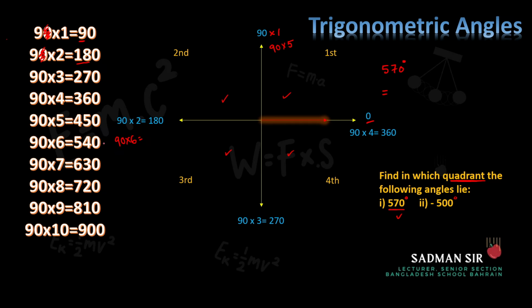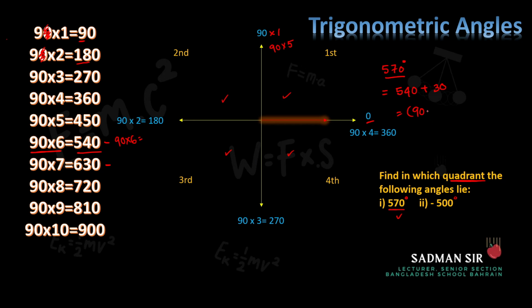You can see that it is between 540 and 630, right? 570 crosses 540, right? So we will write it as 540 plus something, then how much we need to add to get to 570? You can see that we need to add 30 more, right? Now this 540, can I write it as 90 into 6?